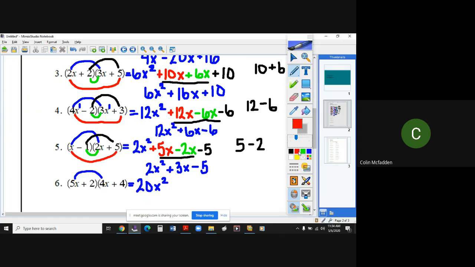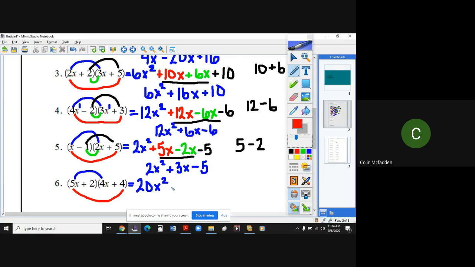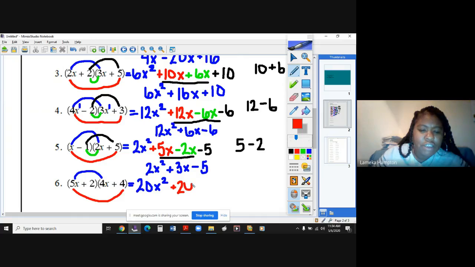The 2 times 4. No, that's my inner. Yeah, that's the inner. The 4 times the 5x. Yep, so 5x times 4, and that gives me what? 20x. Yep, 20x. That's it.